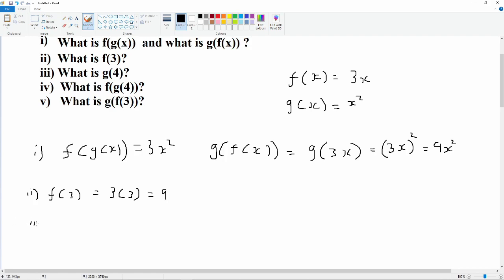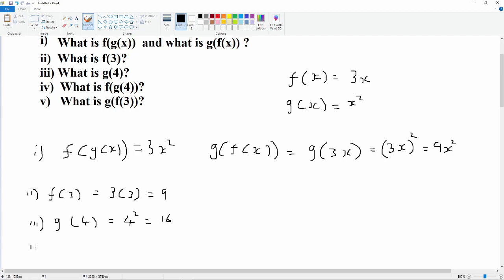Okay, let's try part 3. What is g of 4? Okay, so g of 4 is equal to, g of x is x squared, so g of 4 is equal to 4 squared, which is equal to 16.